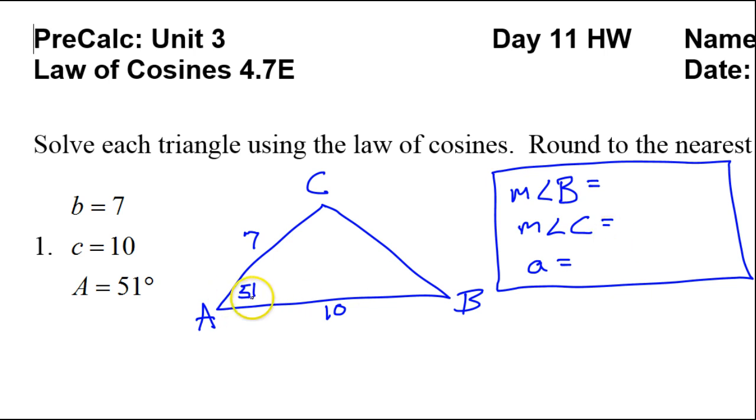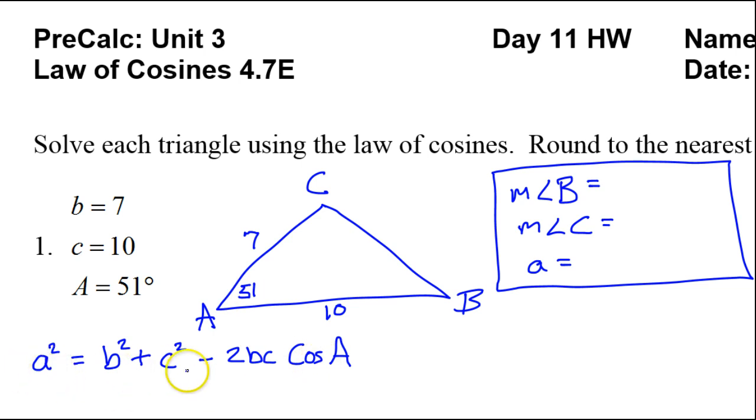So we are given angle A, so I'm going to start off using the version of the law of cosines that involves angle A. It goes like this: A squared is equal to B squared plus C squared minus 2BC cosine of angle A. There's the angle A I promised you.